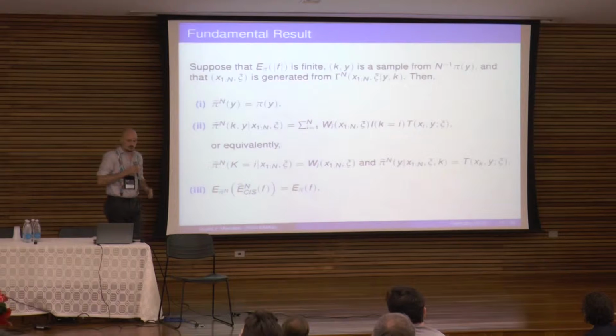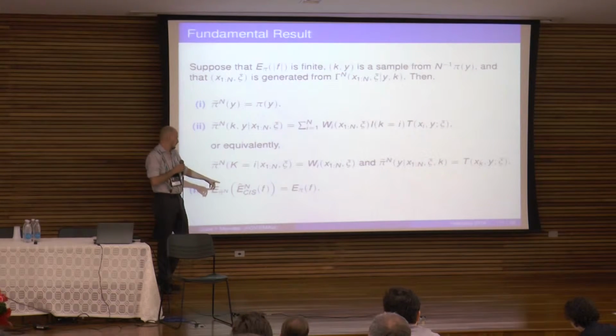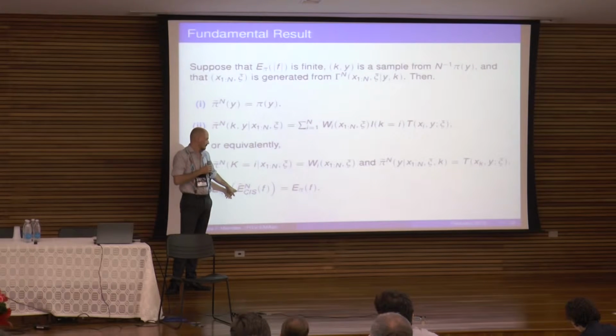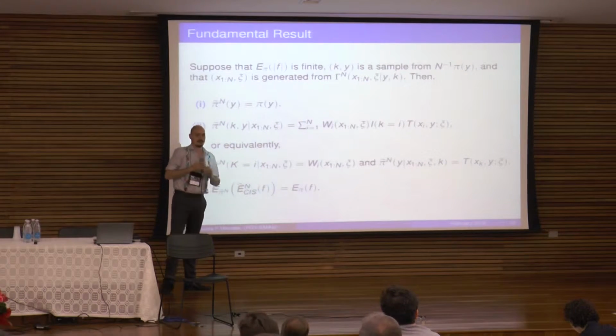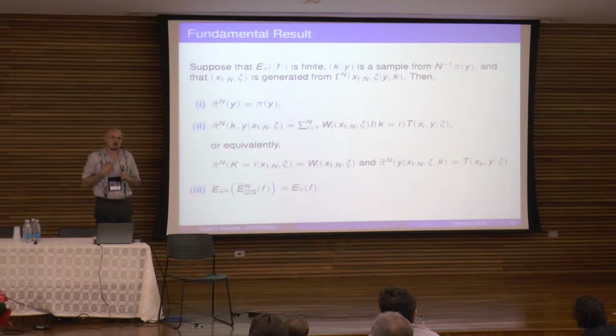One important result is that the expected value of our conditional importance sampling moment estimation is unbiased. That's not usually true in importance sampling, but in our case, it is. So we managed to accomplish what we wanted.